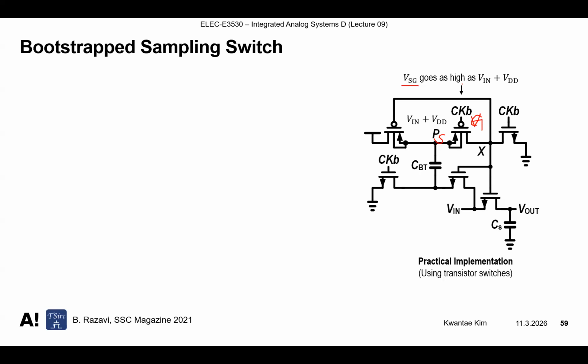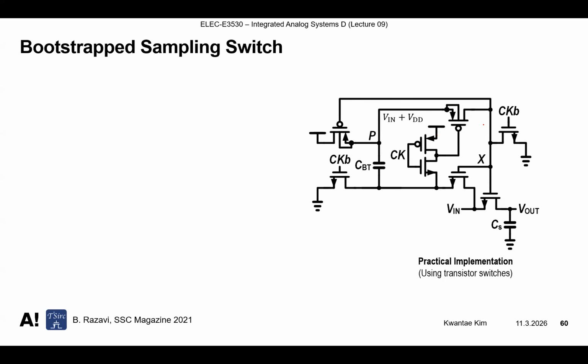Then VSG goes as high as V-in plus VDD if we just drive this one as a clock bar. When this voltage is 0, the P node is V-in plus VDD. Then if V-in is VDD, V-in plus VDD goes to approximately 2 times VDD. Then this transistor may be dead if we drive the bootstrapped switch in this gate voltage condition.